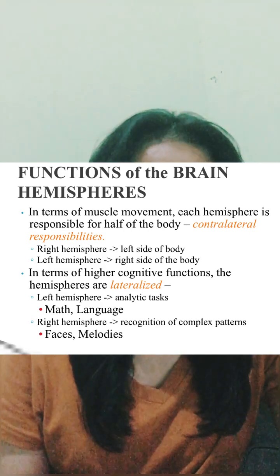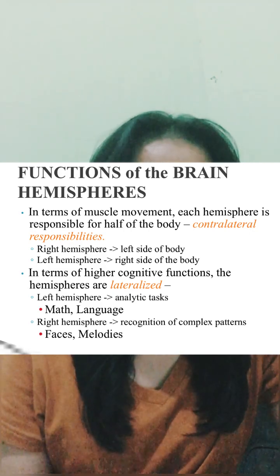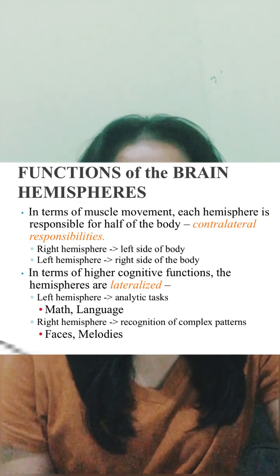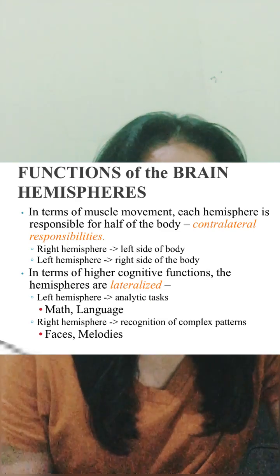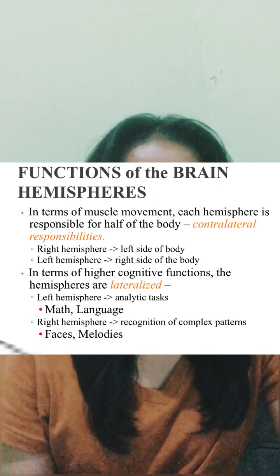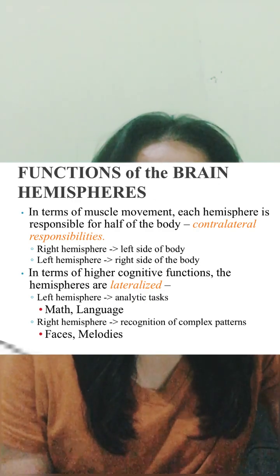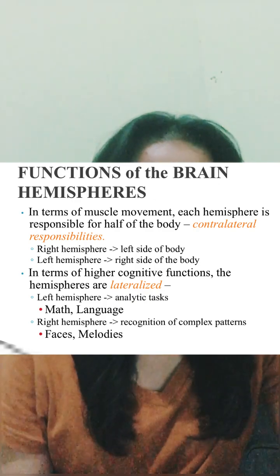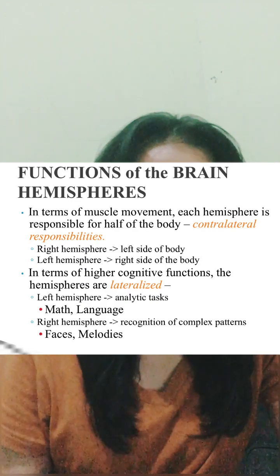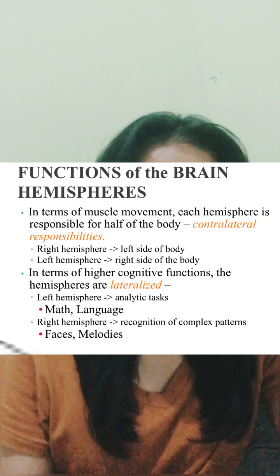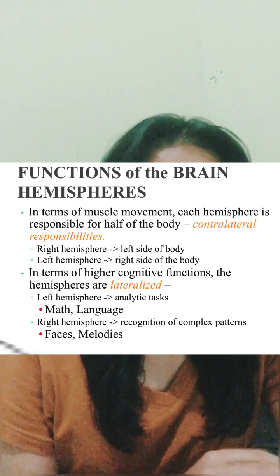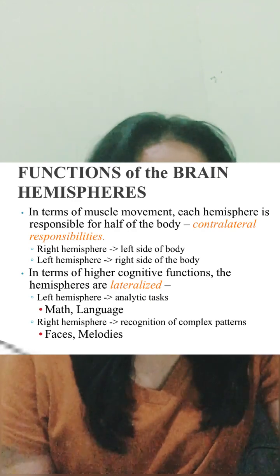In terms of muscle movement, each hemisphere is responsible for half of the body. That is contralateral responsibility. The right hemisphere controls the left side of the body, and the left hemisphere controls the right side of the body.